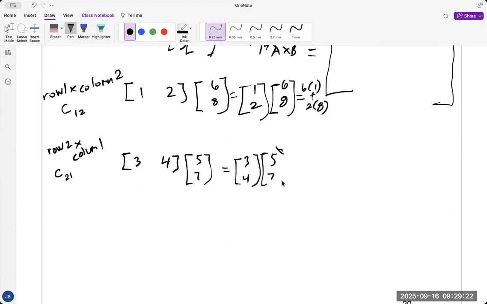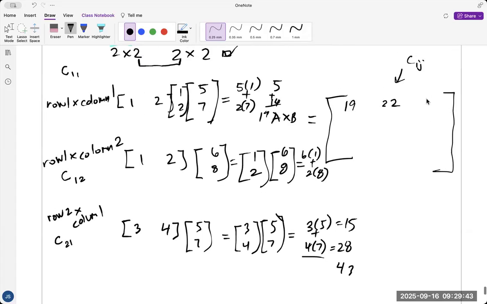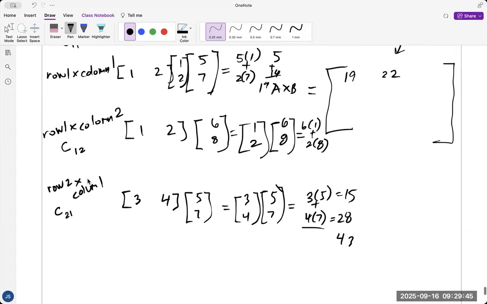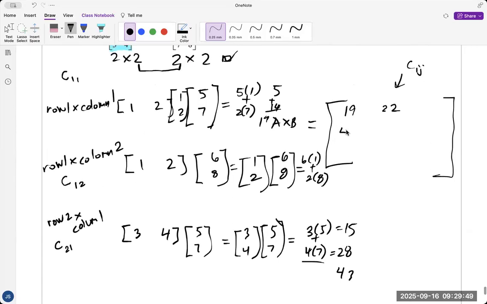Now I can just multiply straight across, 3 times 5 and 4 times 7. Then I add those answers together, so that's 15 plus 28, which is 43. This is the second row, first column, so that's right here.